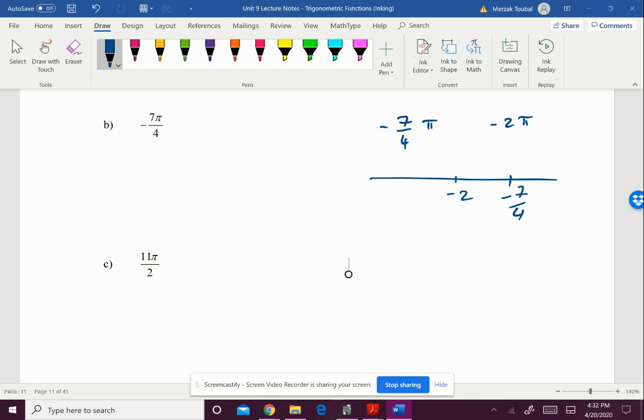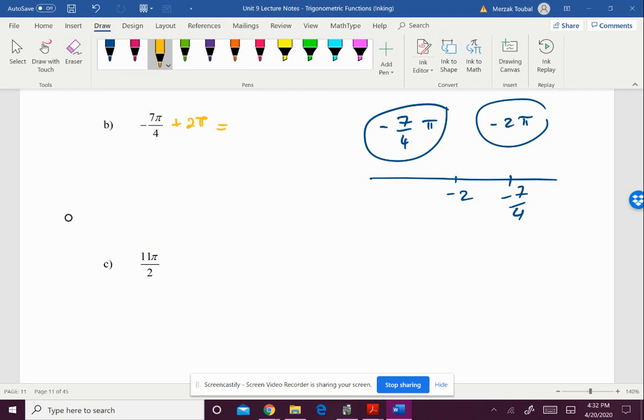Because 7 over 4 is a number smaller than 2, but if it's negative, it will be greater. So if negative 7 over 4 is greater than negative 2, then this must be greater than this one. So we're okay. So what we need to do is add 2 pi. We can't subtract, we need to add.